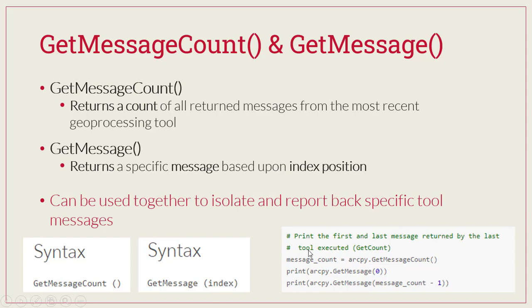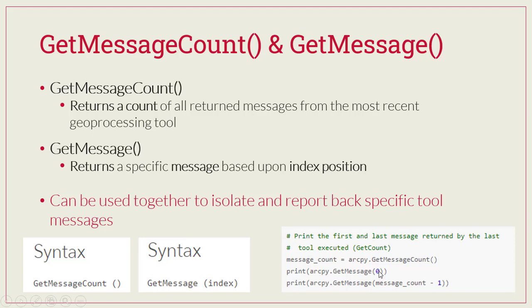So in our little code example here that I pulled from the Esri help, the purpose of this is to print the first and last message returned by the last tool executed. So what it's doing here is it's populating a variable called messageCount. It's calling ArcPy.getMessageCount to count the number of messages that were reported back. It's going to print out ArcPy.getMessage(0).